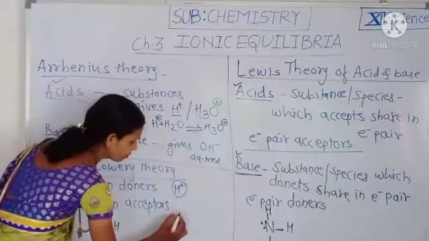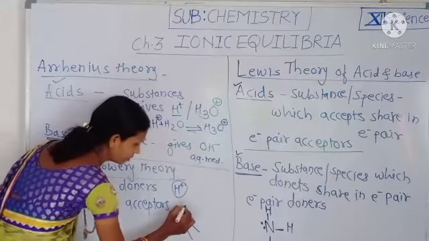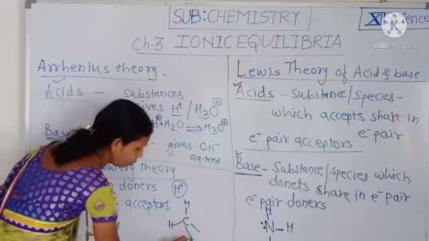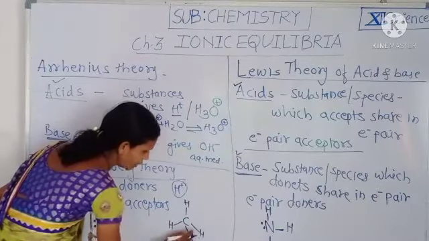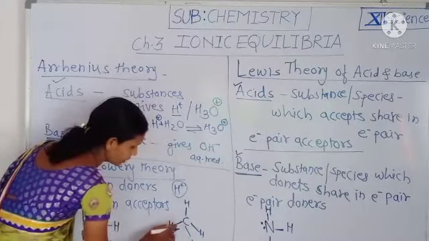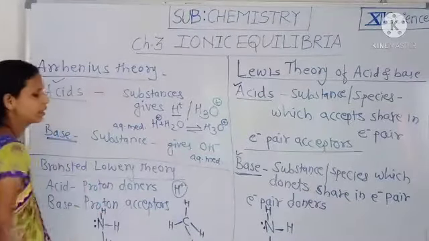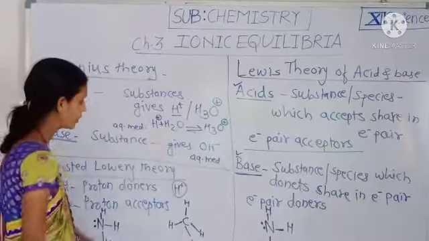The geometry of methane is tetrahedral, in which all 4 covalent bonds of carbon are with 4 hydrogen atoms, that is the tetravalency of carbon.